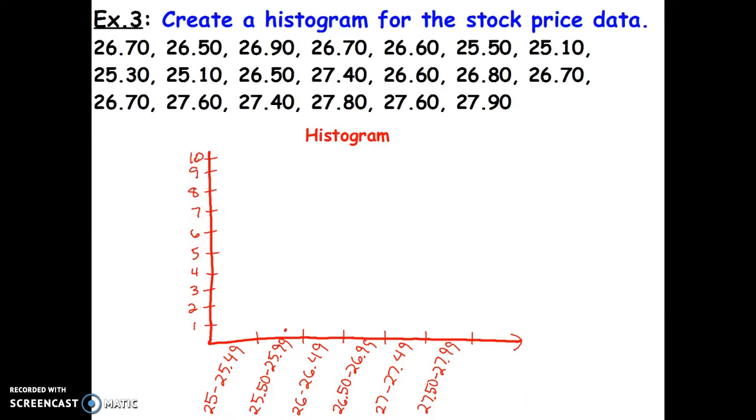All right. So now we're going to go ahead and create our bars. The frequency for this interval was 3. The frequency for the next interval was 1. The next interval was 0. So we'll just leave that blank. The frequency for the next interval was 10.